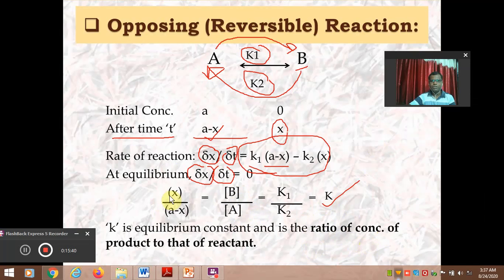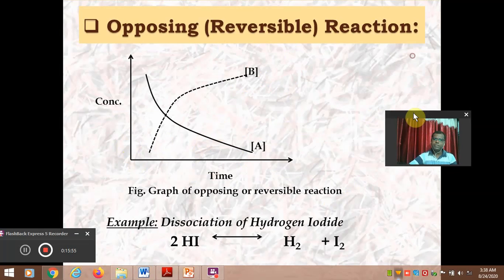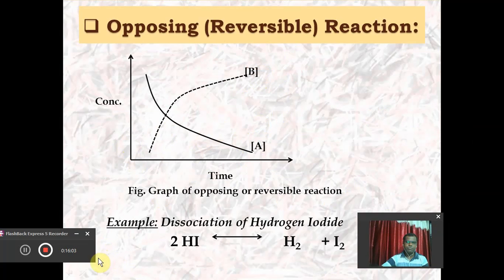So this equation can be used to find the equilibrium constant for the opposing or reversible reaction, which I can show here with the help of this graph. This plot indicates the change in concentration of reactant A and product B. As time proceeds, the concentration of reactant decreases while the concentration of product increases.